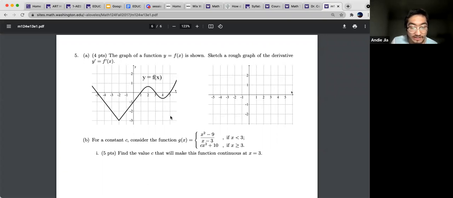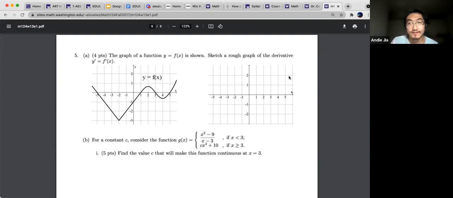If you take the left side, it is -1. Since the limits from the two sides are not equal, x equal to -2 is not differentiable, because the derivative from the right side and the left side is not the same.